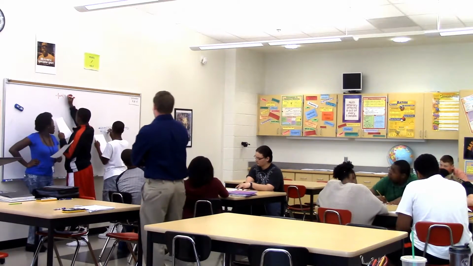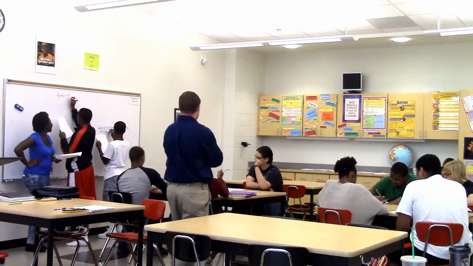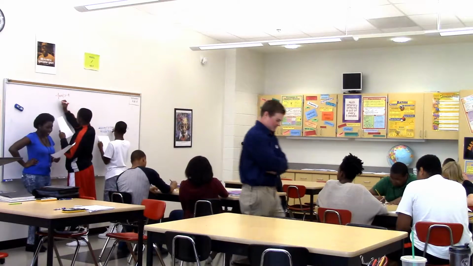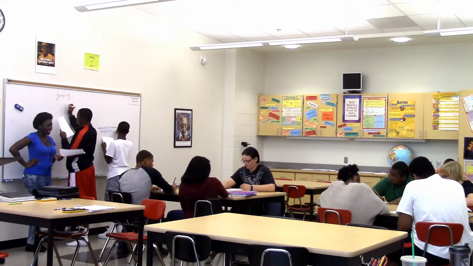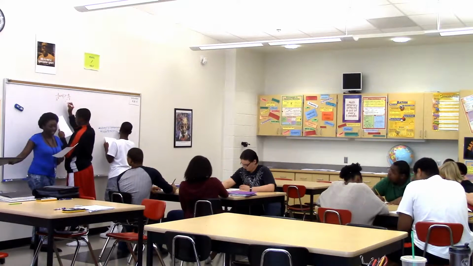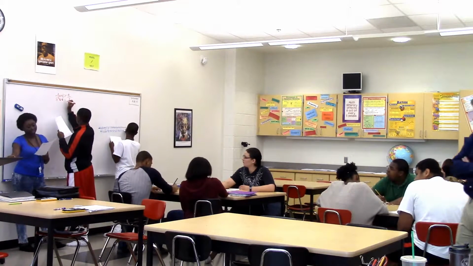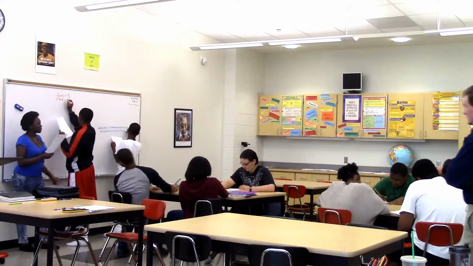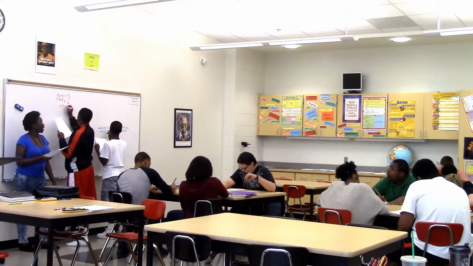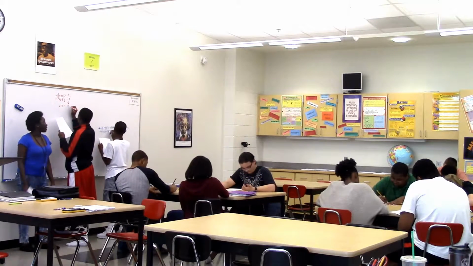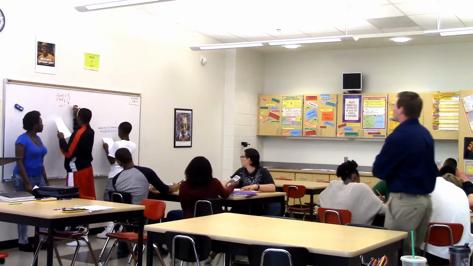All right, let him catch up, because you can't write as fast as you're talking. I'm sorry. You're fine. And then we got 8 on that side. Then we did the same thing. We subtracted 3 from both sides, and we got negative 14 on the other one. And we graphed it, and our graph is like what he's writing right now.